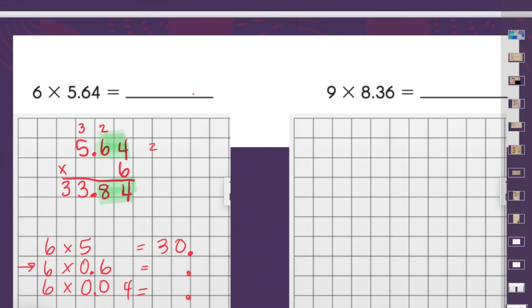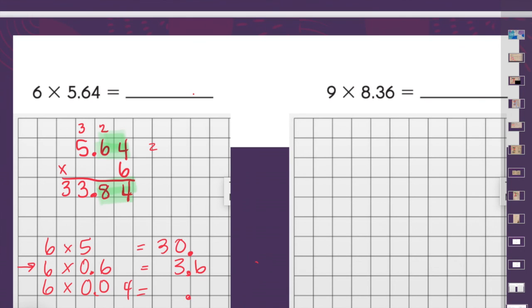And 6 groups of 6/10ths would be 36/10ths. Now you might say, oh, 36/100ths. But is that 36/100ths? No, that's 36/10ths. So to write 36/10ths, it's actually 3.6, because 30 of those tenths would be regrouped into 3 ones, and then we'd have 6/10ths.